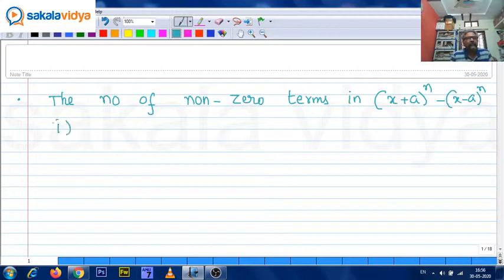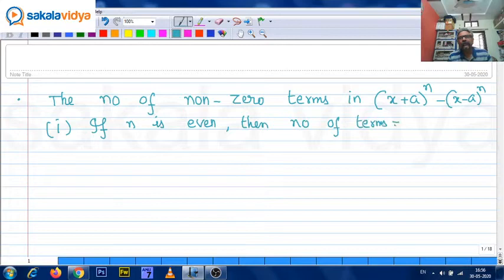First point, if n is even, then the number of terms equals n by 2 only, not n by 2 plus 1. Because if you check (a plus b) whole square minus (a minus b) whole square, you get 4ab. Only one term you will get. 2 by 2, 1. Understood now?